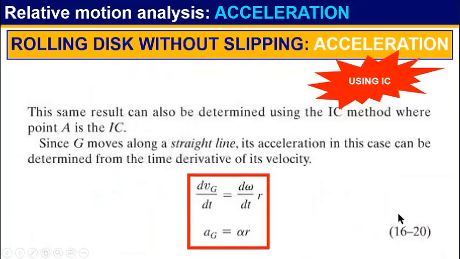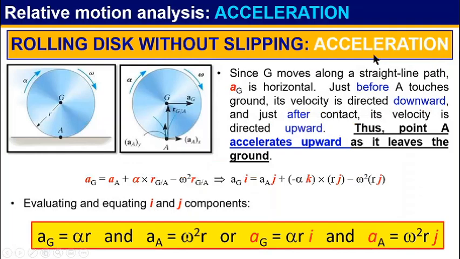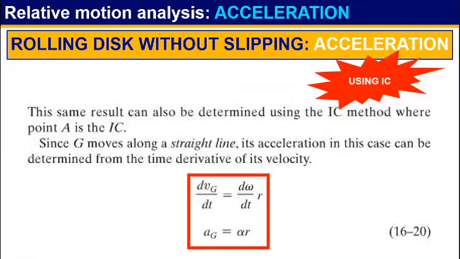Alright. Now, let's see rolling without slipping acceleration. The same condition as this one. However, for this condition, we can use the IC, the instantaneous center of zero velocity.